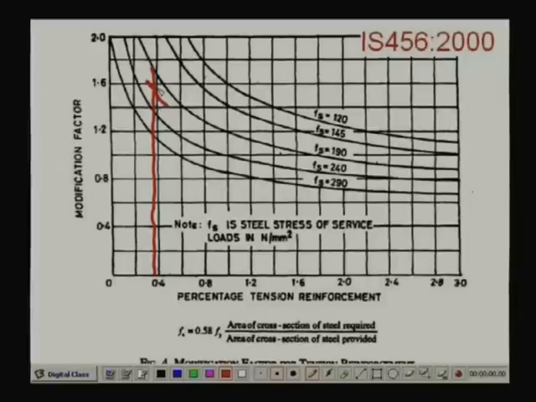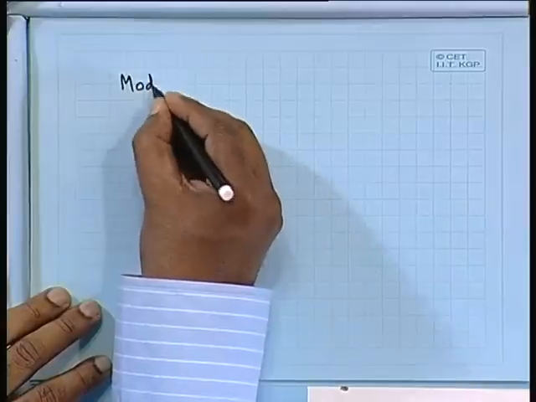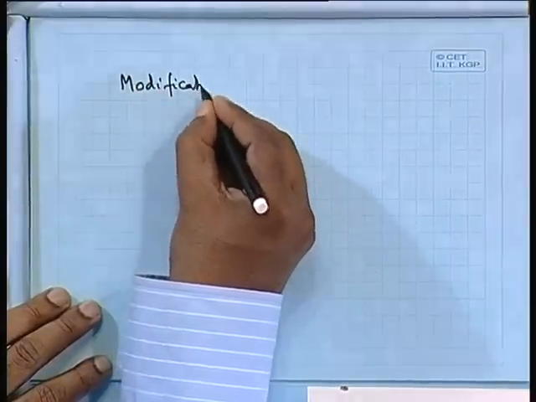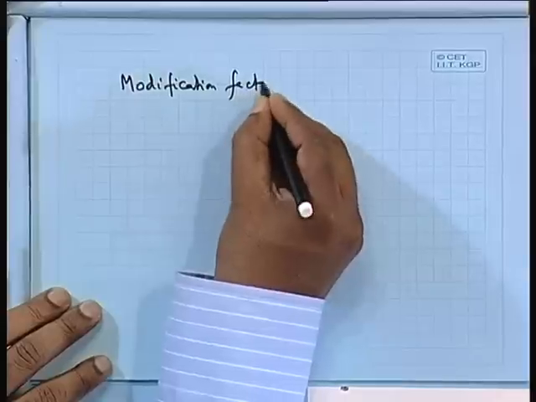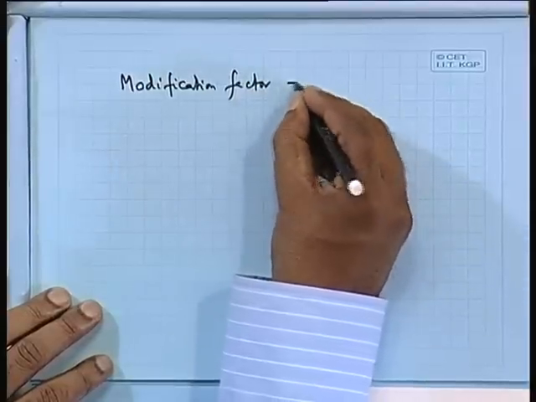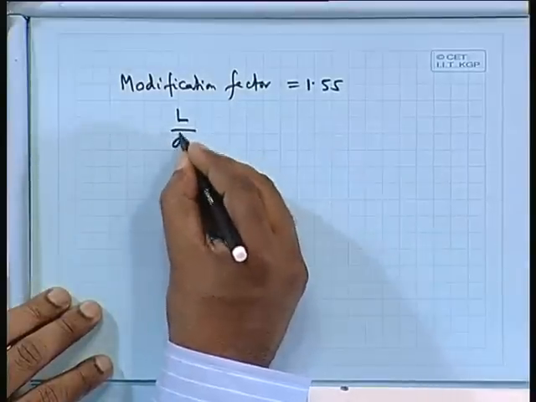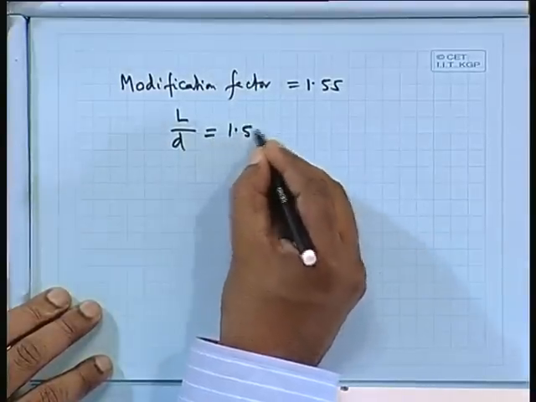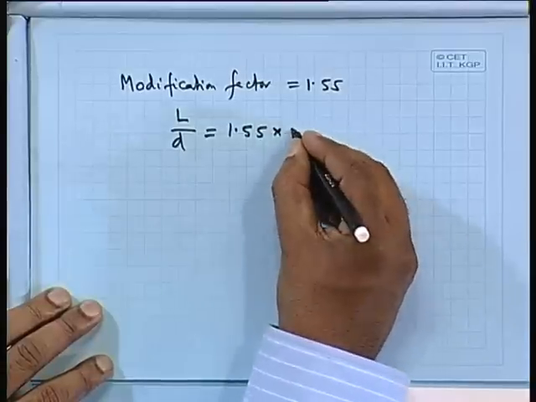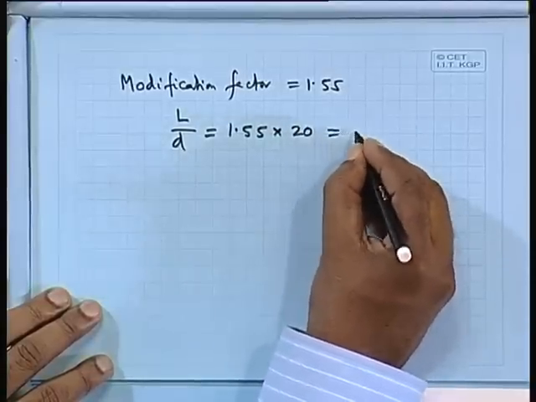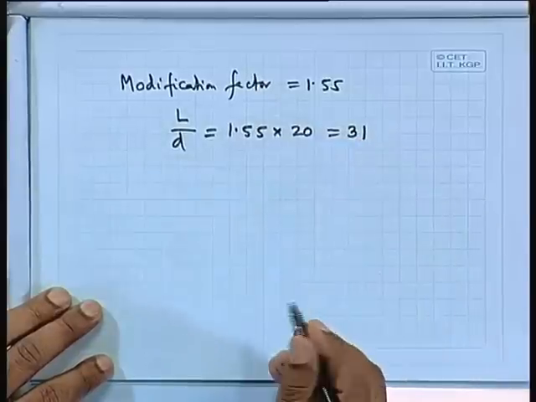So, I have taken the modification factor equal to 1.55. So, L by D equals 1.55, this is a simply supported case, times 20, which comes as 31.